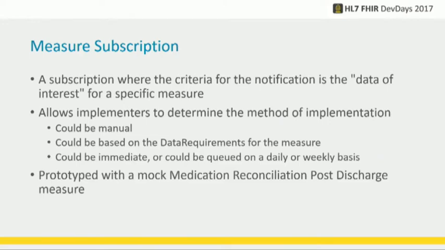So we prototyped this with a mock MRP discharge measure. This is a case where when a patient is discharged from a hospital, within 30 days there needs to be a follow-up reconciliation. There's coordination that needs to happen because the reconciliation almost never happens with the same provider that was over the discharge, right?